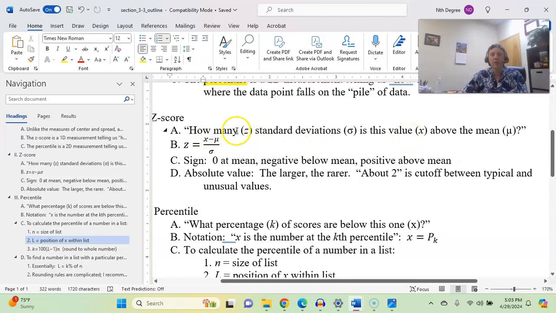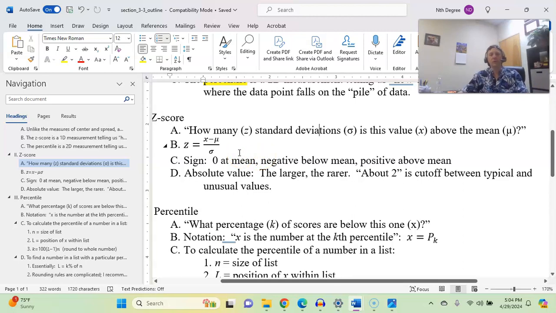So how many standard deviations is this value above the mean? And if we're using these symbols for each of those concepts, if we translate that question into a formula, it looks like this. Why does this formula make sense?